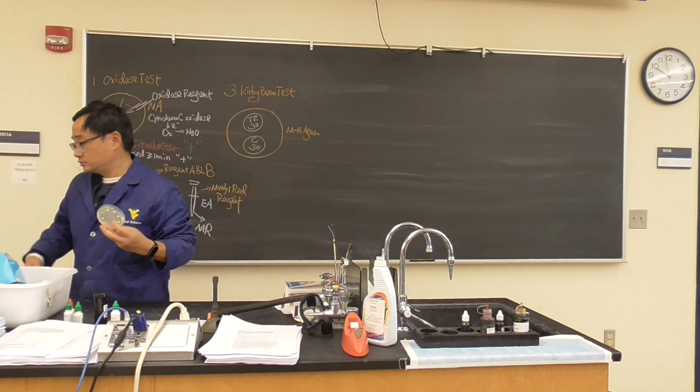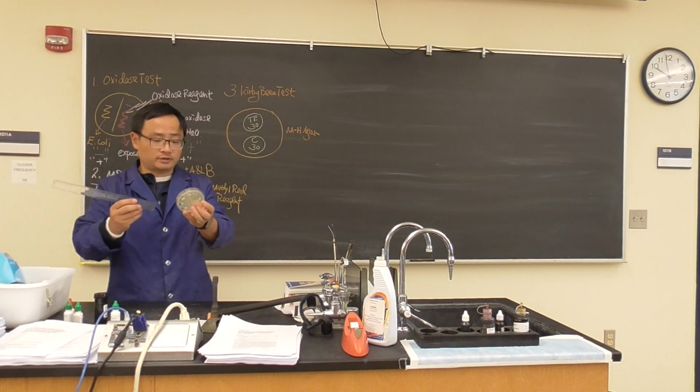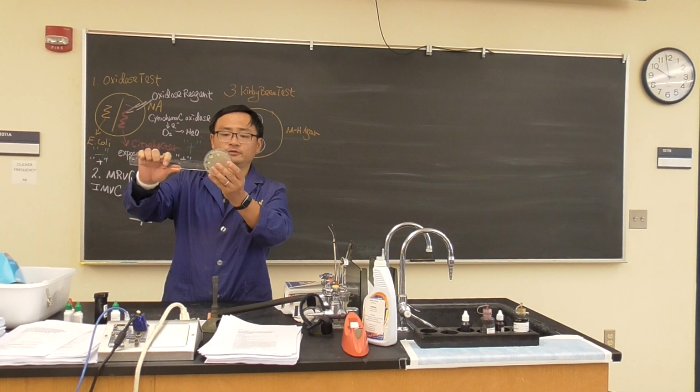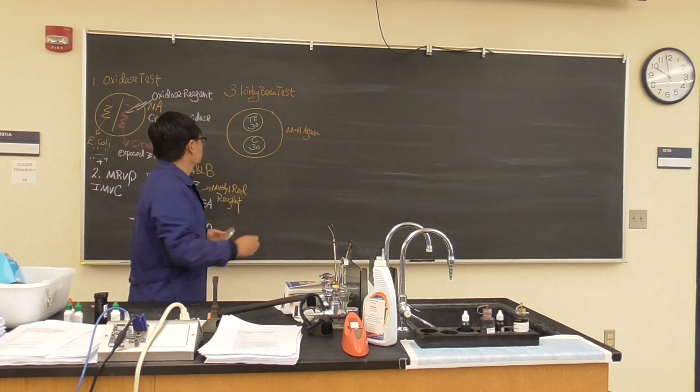Okay, what do we do? We're going to measure it. Let's measure the TE zone. We have to multiply by 2. So for TE, tetracycline, we get about 13, multiplied by 2, so 26.